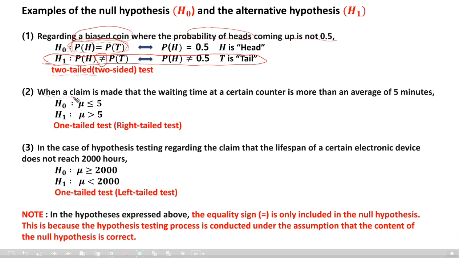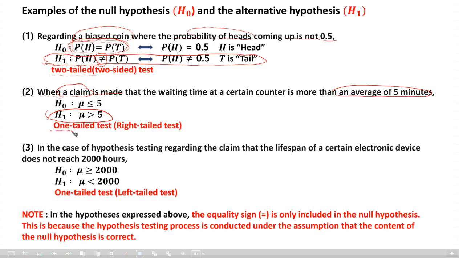Second, when a claim is made that the waiting time at a certain counter is more than 5 minutes, average of 5 minutes, so what? H1 would be mu greater than 5. H0 will be mu less than or equal to 5.